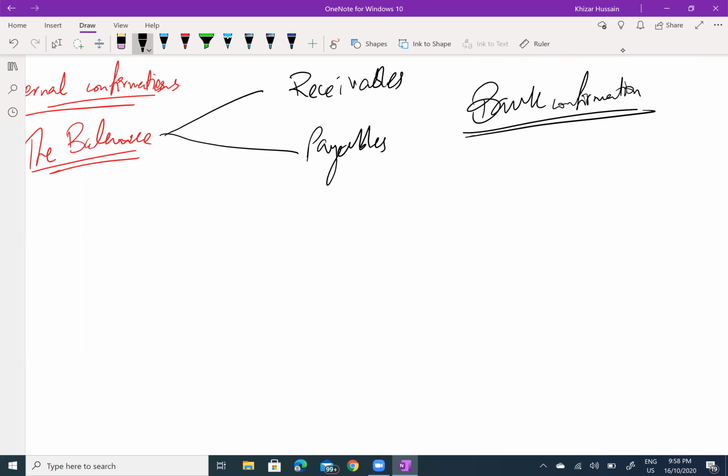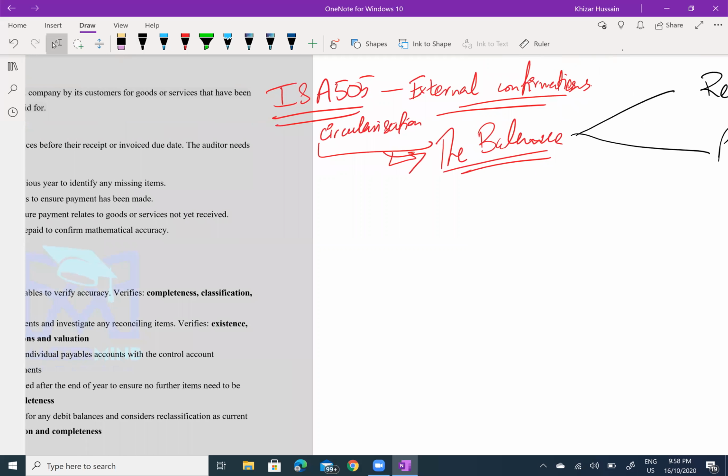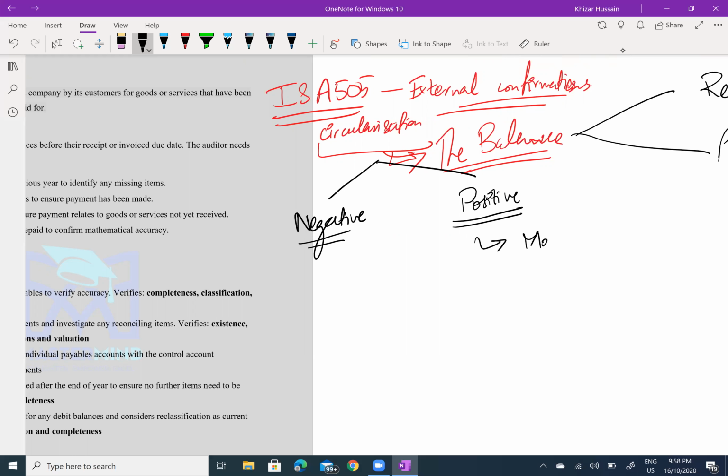Okay. Now, when I talk about circularization, there are two types of approaches to it. There's a negative circularization and there is a positive circularization. Positive is something that I'll discuss first. Positive is a more reliable source of information. Why?